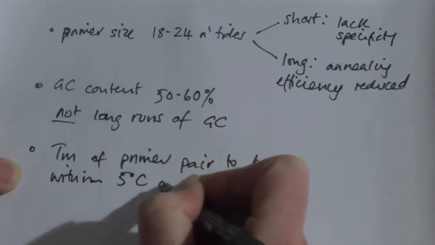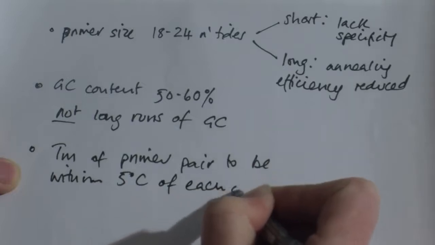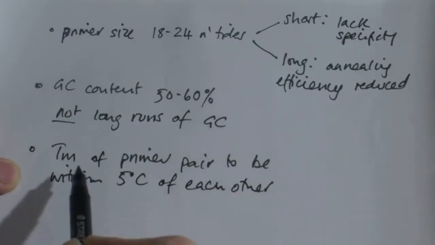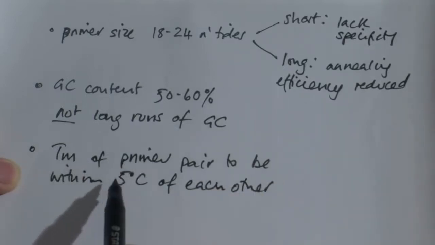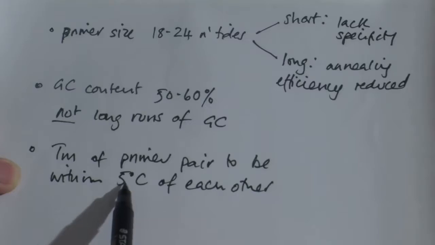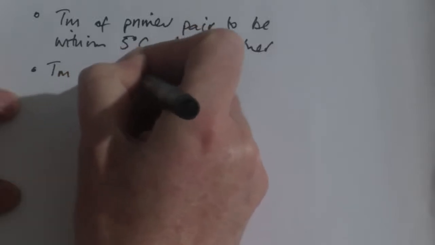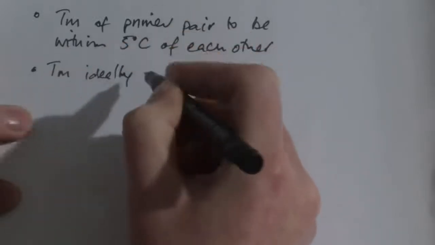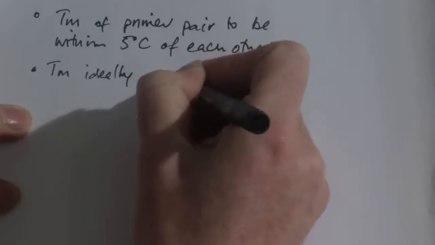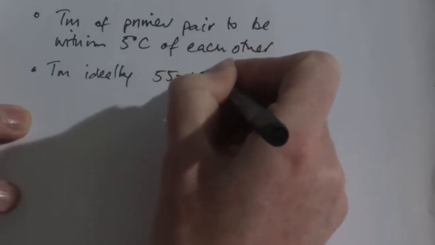Because if the TM of the two primers is too divergent, greater than a 5-degree difference between them, we can't use those primers simultaneously in a PCR reaction. Another consideration of the melting temperature of the primers, the TM, ideally for maximum PCR reactions would be within the range of 55 to 65 degrees centigrade.